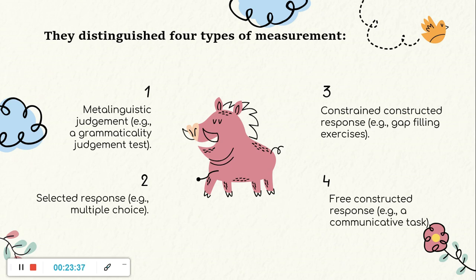3. Constrained constructed response, for example, a gap-filling exercise. The test could be developed in a reading test, listening test, and other tests. There are some questions related to the topic in reading exercises. 4. Free constructed response, for example, a communicative task.